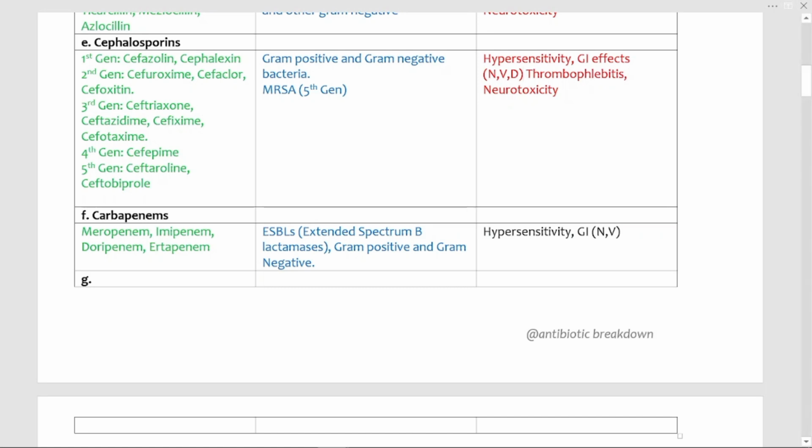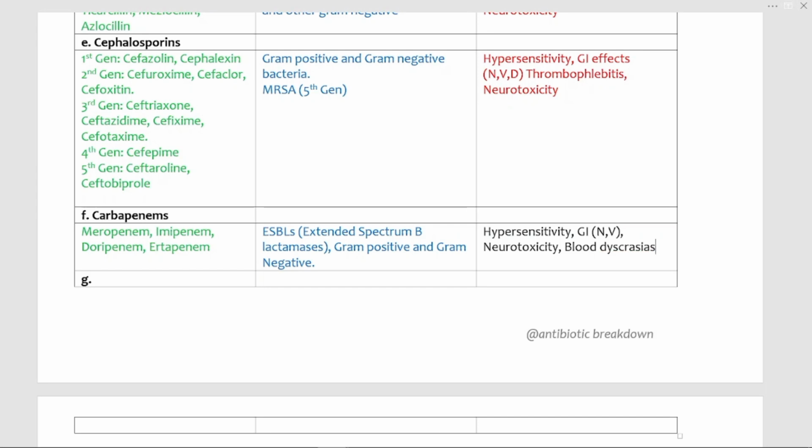Another one here, apart from GI effects, the carbapenems also tend to be neurotoxic in high levels. Neurotoxicity. They may also cause some blood dyscrasias.